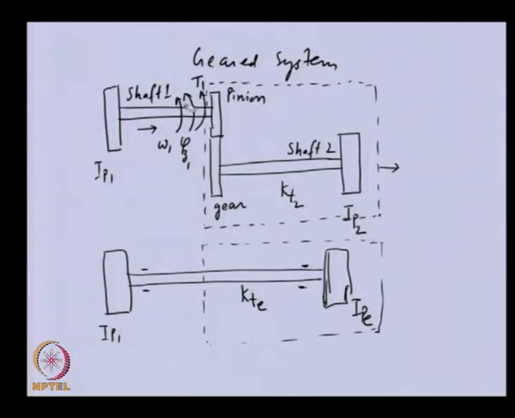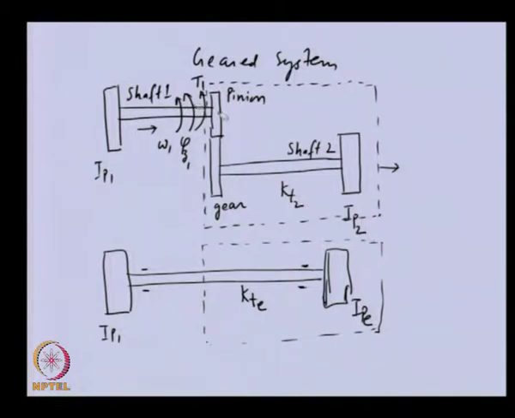We are not converting this particular shaft to an equivalent system. We are trying to find the equivalent of this particular shaft system and this polar moment of inertia with respect to the input speed of the gear system.